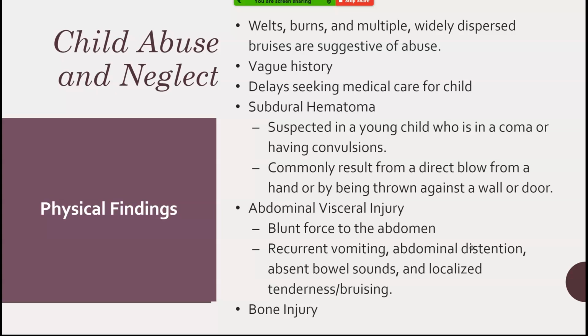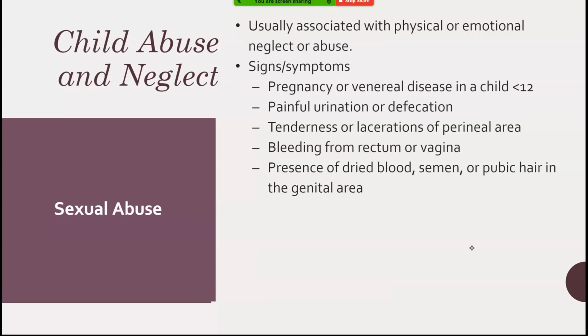While there are delays in seeking medical care for a child, there's also Munchausen's by proxy, where mom and/or dad gets the kid sick and is constantly bringing them to the hospital. That's also a form of child abuse. Bone injuries that don't have a good story.